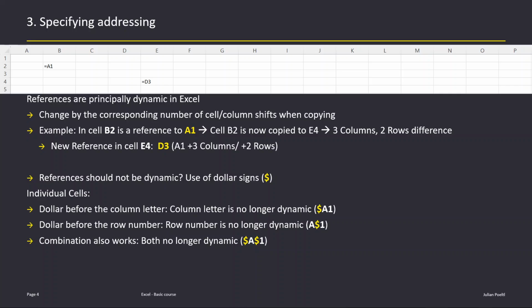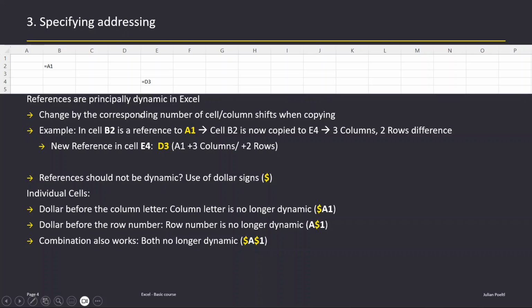Because when you copy a reference of a single cell to another cell, the address in that cell will also be shifted by the number of corresponding row or column shifts you do. For example, here in cell B2, there's a reference to the cell A1. And when you now copy this reference here to this cell here, so E4, then you copied it 3 columns to the right and 2 rows down.